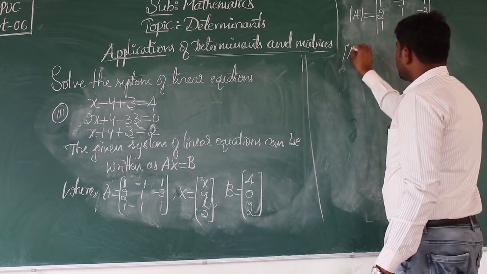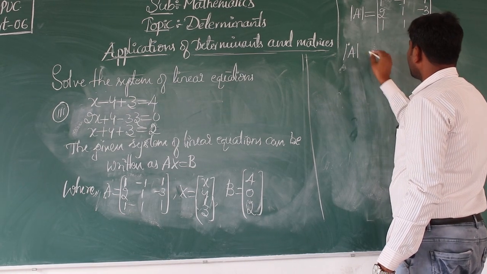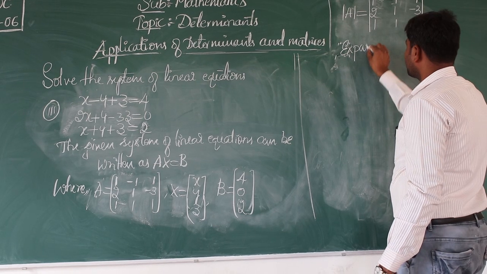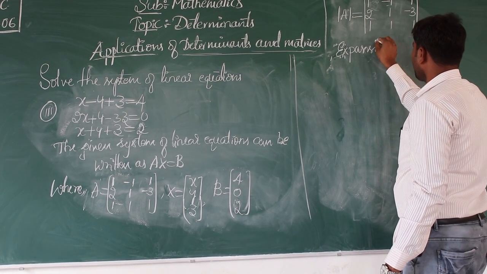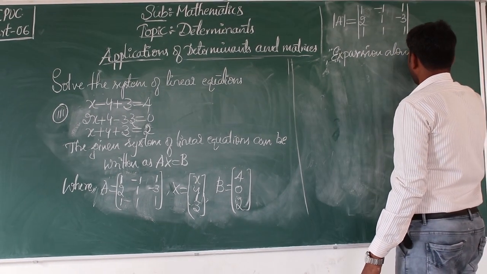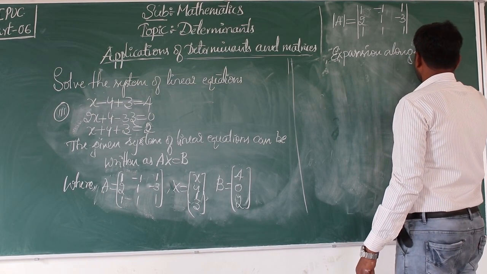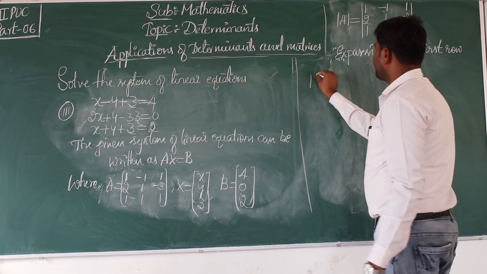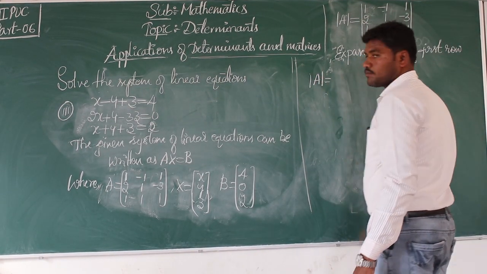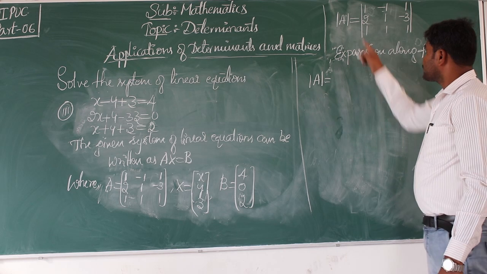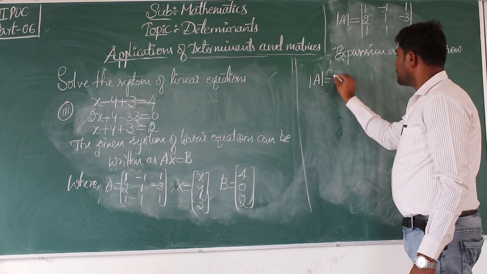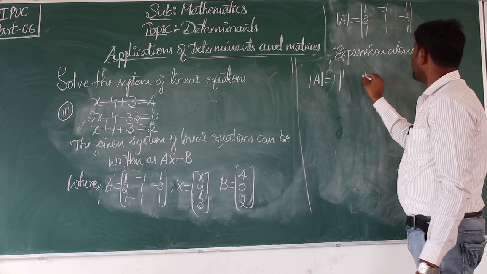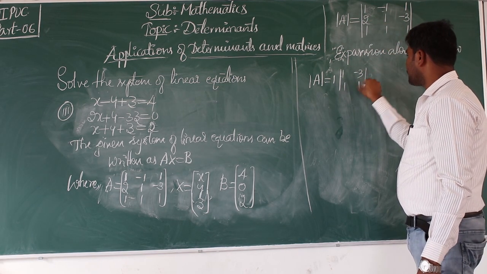So find the value of the determinant of A. The value of determinant A is equal to the expansion along the first row. First row first element, sign is plus, element 1, deleting first row first column, the determinant is 1, minus 3, 1, 1.